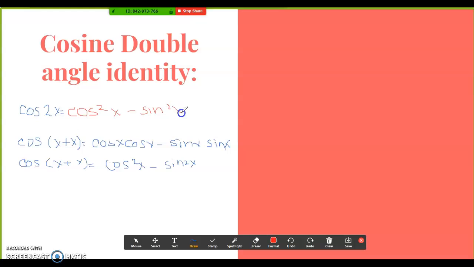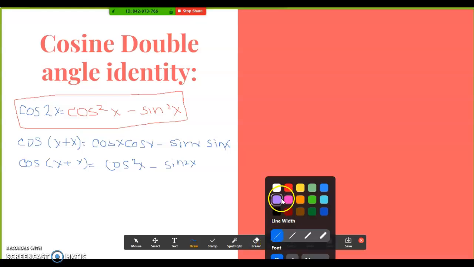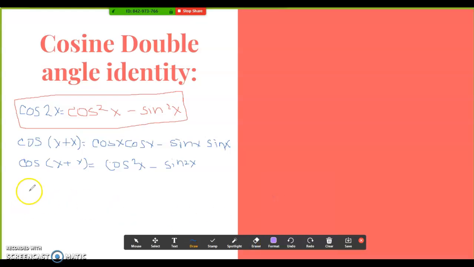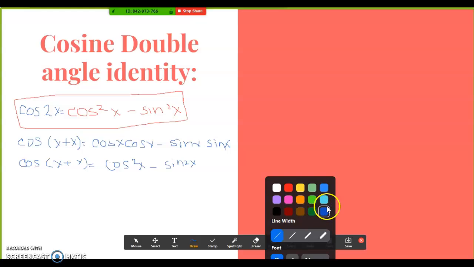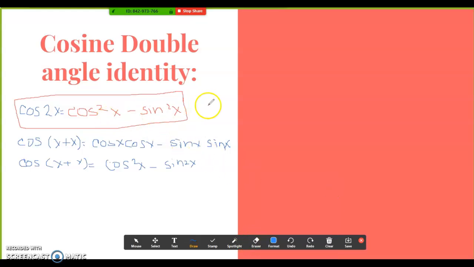Now, if I look at this formula, notice we see something that we're used to seeing, which is cosine squared of x and sine squared of x. And that's familiar because it is also in our Pythagorean identity. And because that's in our Pythagorean identity, we know some things.